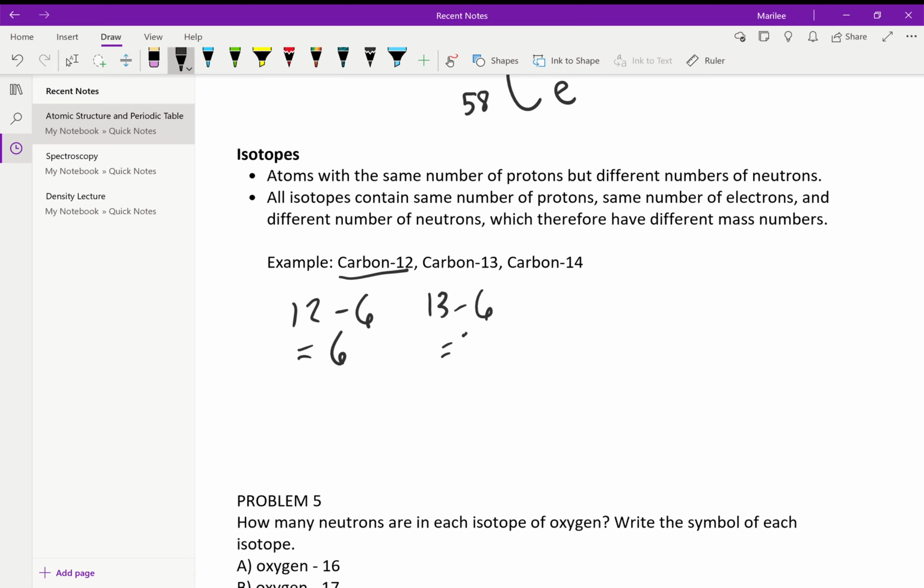That'll give us 7. And then carbon 14, 14 minus 6, that'll give us 8. So do you see how the neutrons are different? Therefore, the masses are different. We can write this carbon 12, carbon 13, carbon 14.